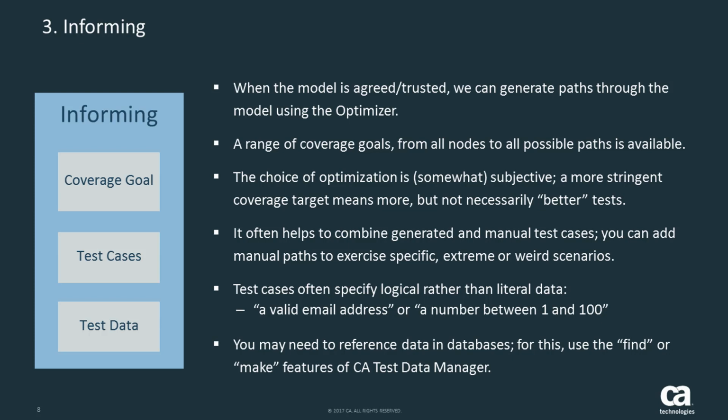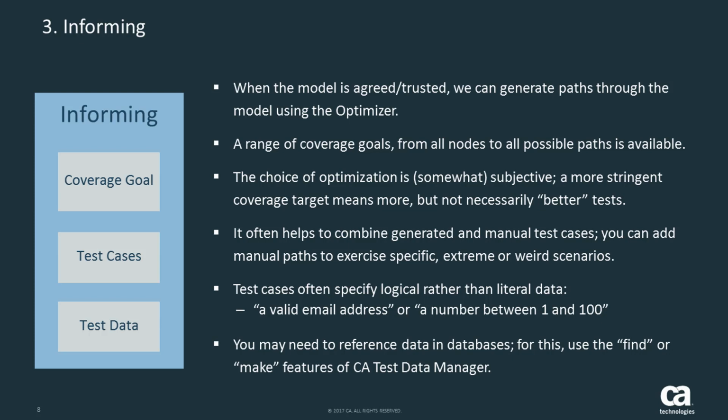It's part of the collaboration that we need to conduct, to share our models and our optimizations with our stakeholders and ask them, does this give you a sense of confidence if all these tests are run and pass?